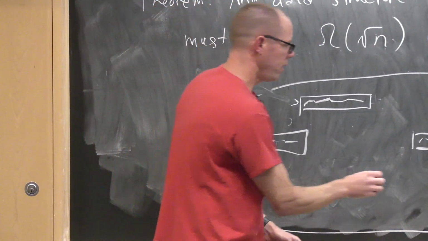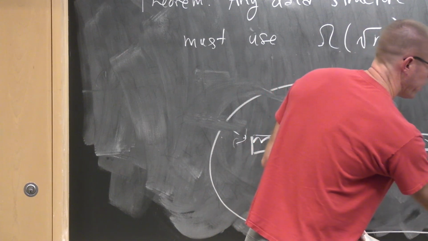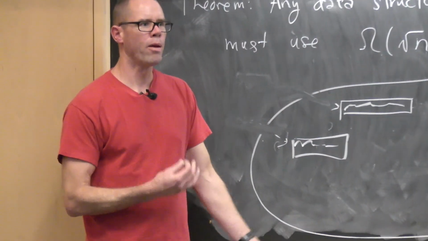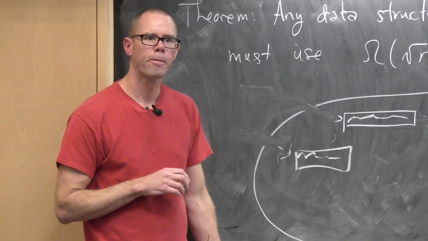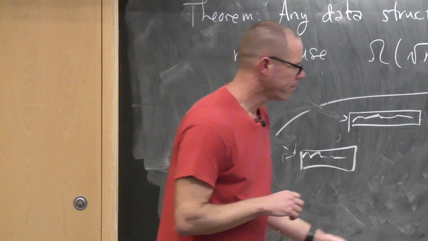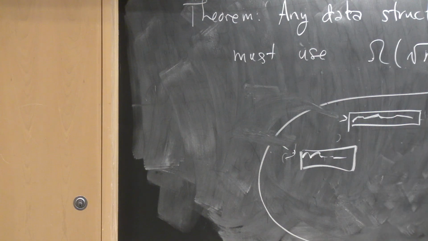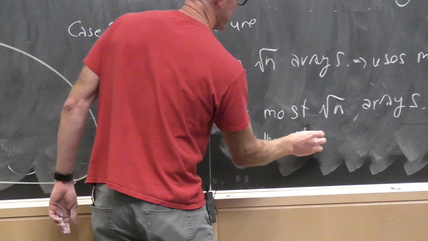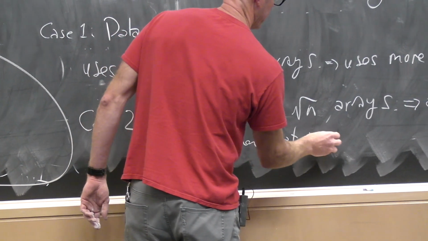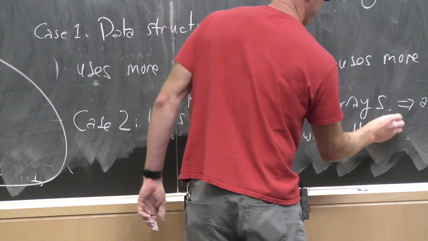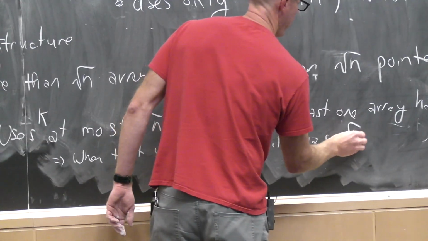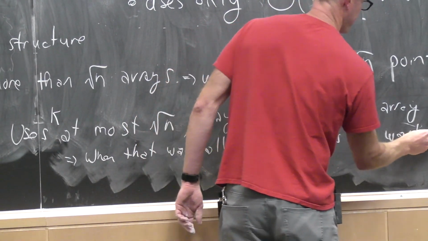So it was an empty array of size square root n, which means that it was square root n wasted space. Okay. So that's the argument. So when that was allocated, it was square root n wasted space.